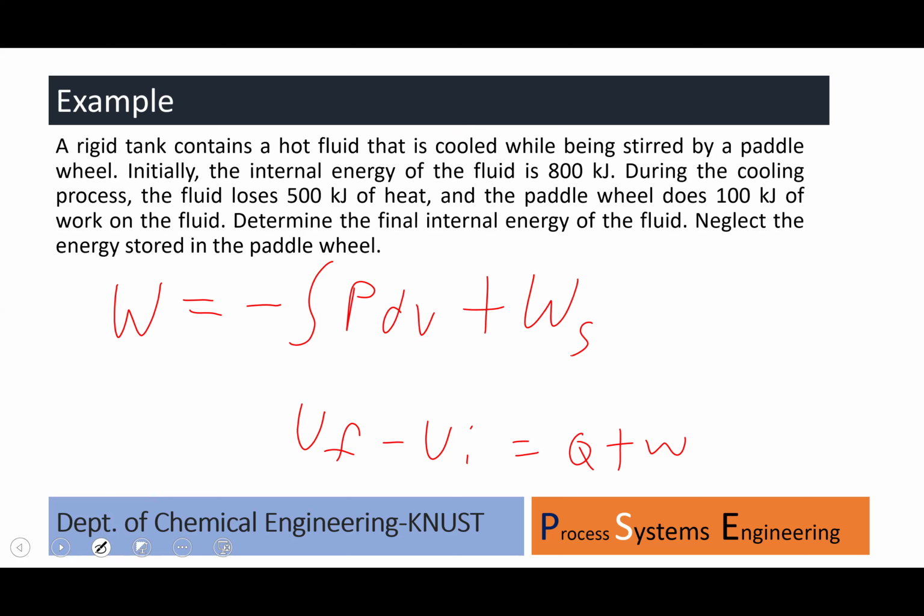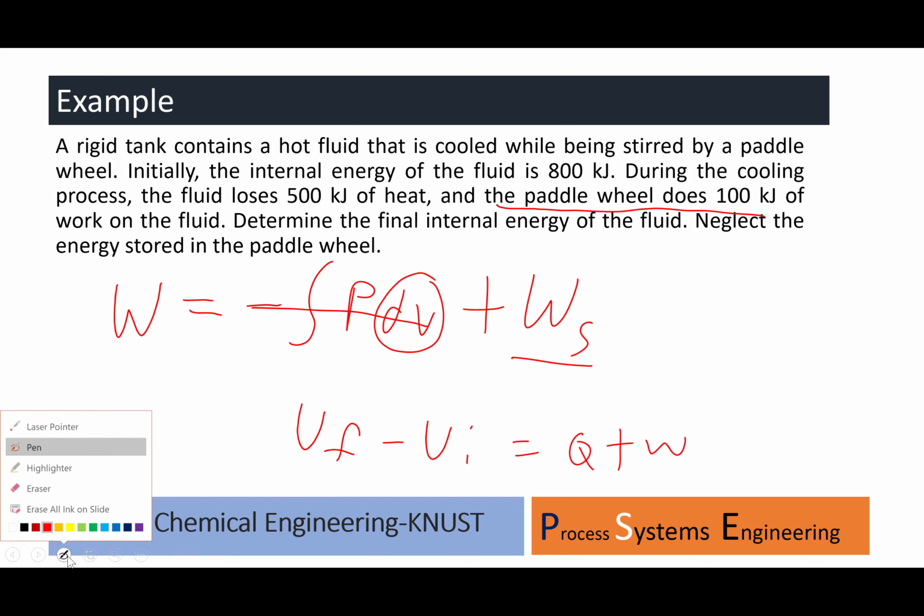If the volume isn't changing, it means that dV is zero. There's no change in volume. So this whole part of the expression can go away. All that we are going to be focusing on is going to be the shaft work, right? And the shaft work was given to us in the question, because the question said that the paddle wheel does 100 kilojoules of work on the fluid. So that's the shaft work that we are going to have. Is that okay?